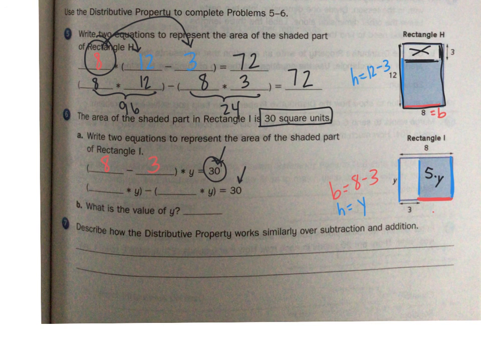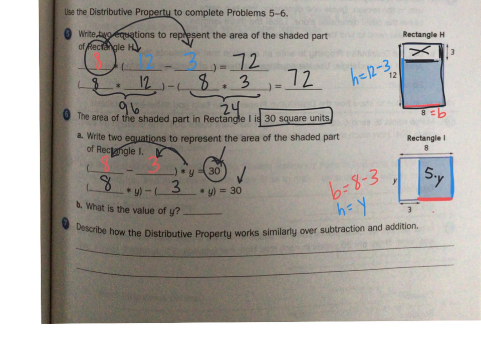Now, if we come back over here to my equations, we said the one side was 5 because we took 8 minus 3 times y, which is my height, gives me 30. We can hand this y out to each of the numbers. 8 times y and 3 times y, and I can rewrite that.